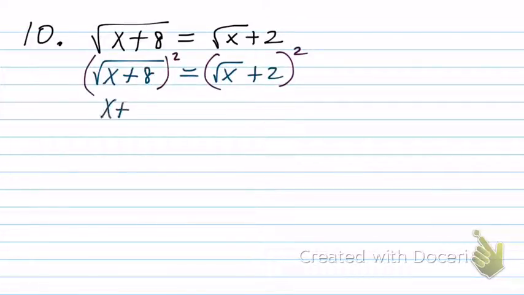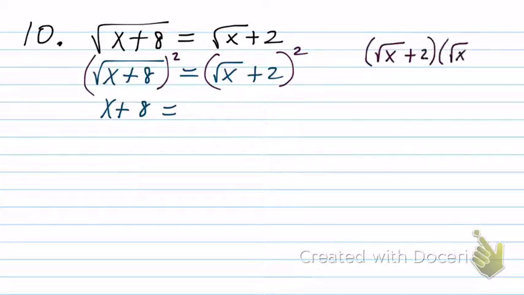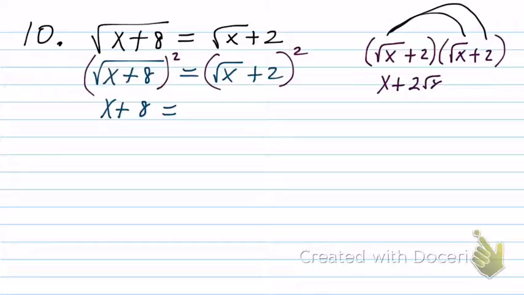So we're going to get x plus 8 on the left, and we've got some work to do on the right. We're going to need to FOIL out two of those square root of x plus 2's. So square root of x times square root of x is x. The square root of x times 2 is 2 square roots of x. We've got another one of those for the inner product. And then our last product, 2 times 2 is 4.